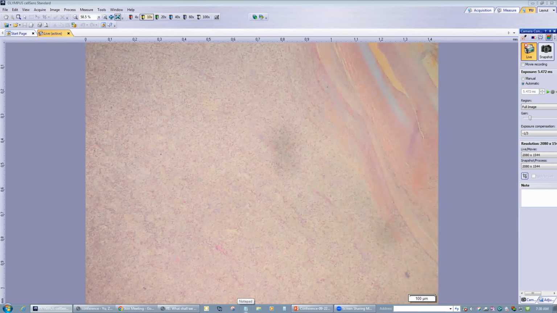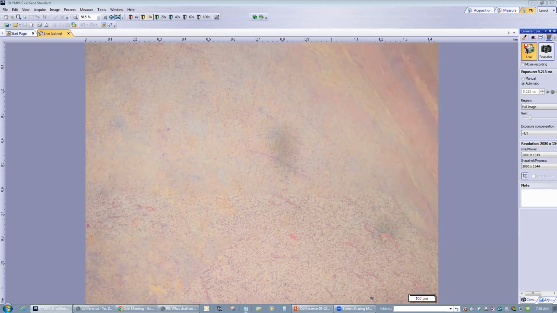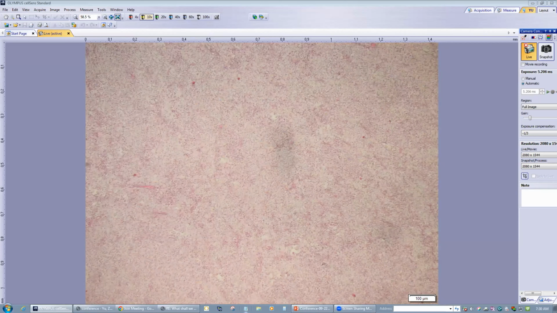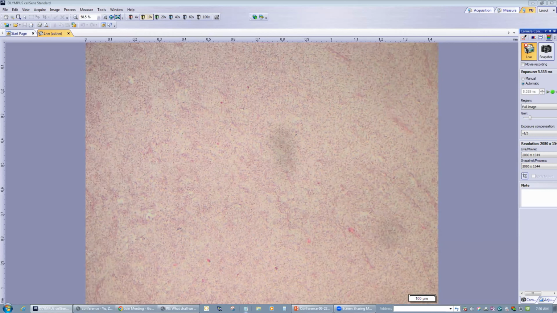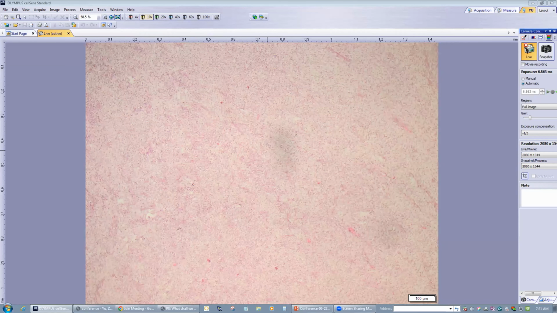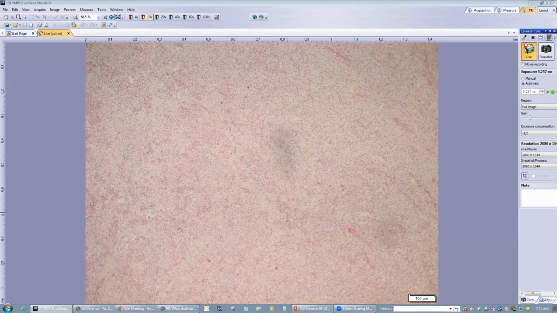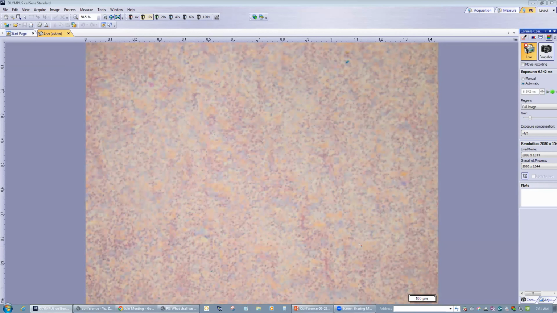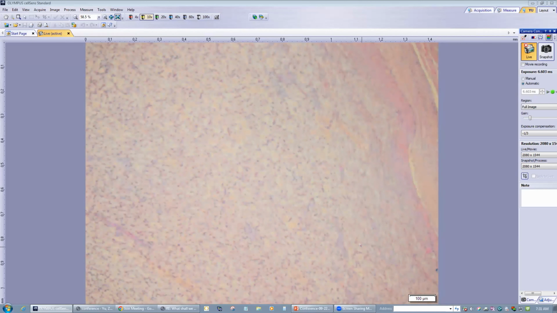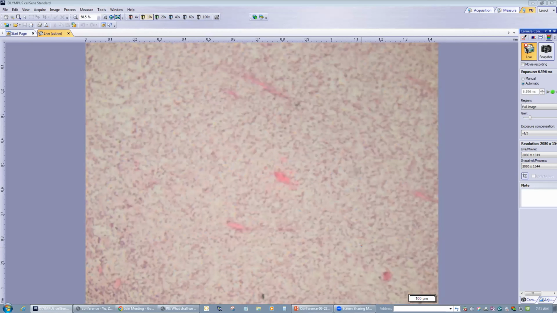So we go into the tumor, at low power. You can appreciate something like this area. The vessels, the vasculature, really catch your eye.